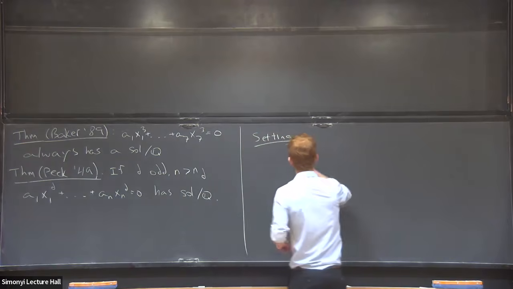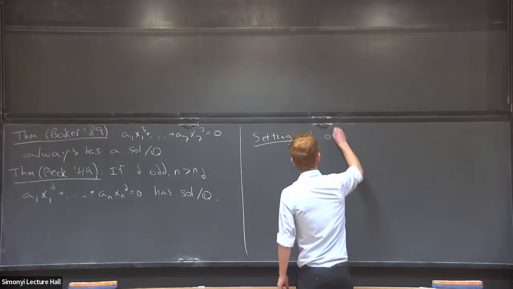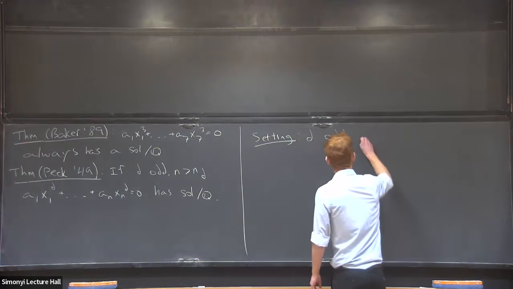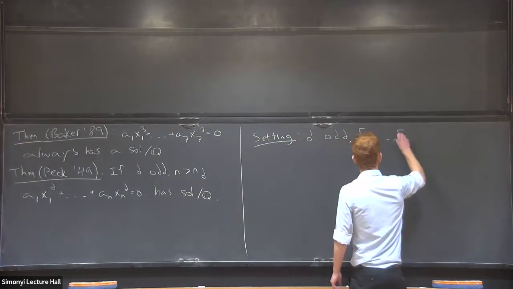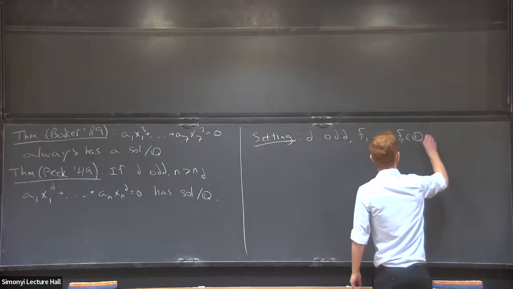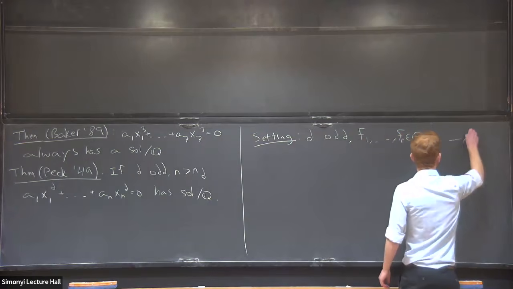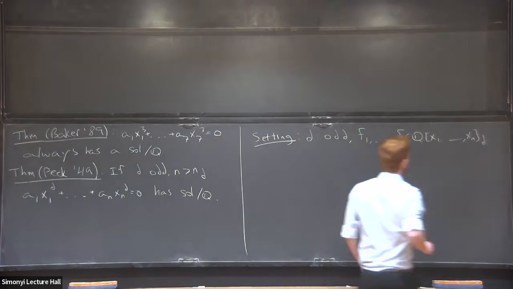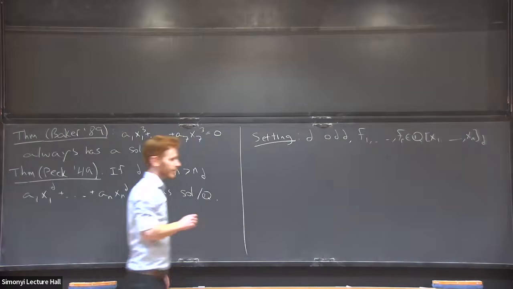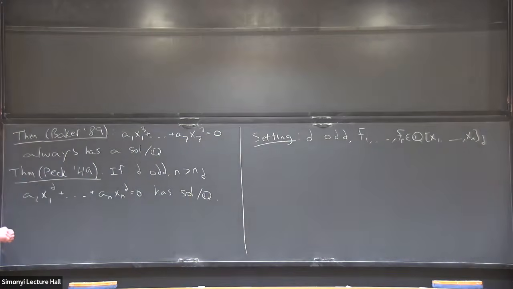Our general setting is D is some odd degree, and F1 up to FR are homogeneous polynomials of degree D. They're all of the same degree. That's not going to be important. They can have different degrees in the results they state, but for now, I'm just going to take them the same degree.